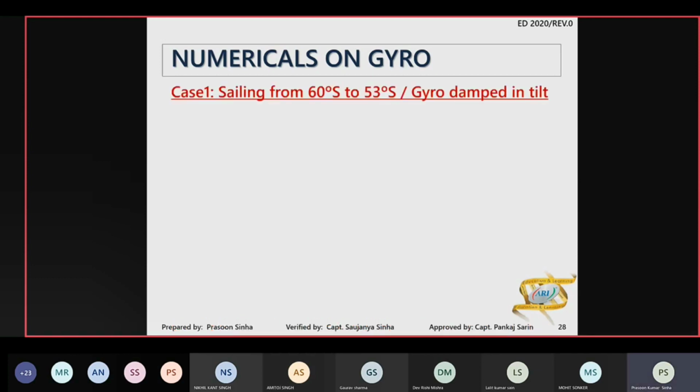So initially at 60 south there will be some kind of error, at 53 south it will be some other kind of error. So what we do, we take MLAT. In the question, we are given that the course is true north 000.